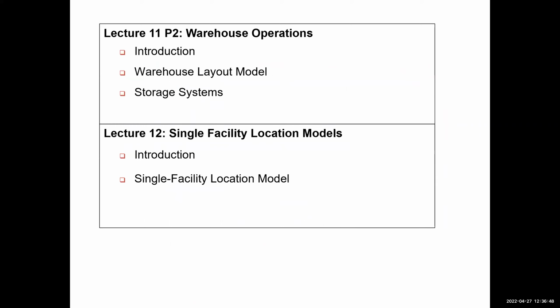And in part 2, we discuss the warehouse layout models, and we discuss strategies for allocating products into the warehouse. So giving some information about how often these products are going to be moved, the amount of the products, and the space that they're going to occupy.